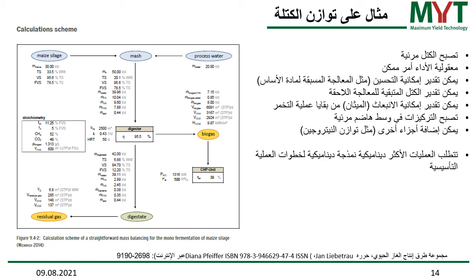So if you need to estimate what your nitrogen concentration, in particular ammonia concentration in your digester medium is, you might need that for estimation of inhibition, then you can easily upgrade such a mass balance by nitrogen. This only holds true for a stationary process.